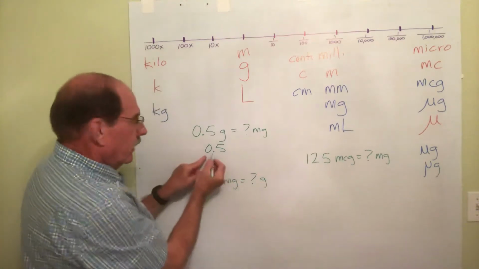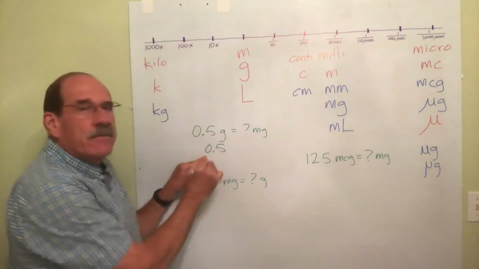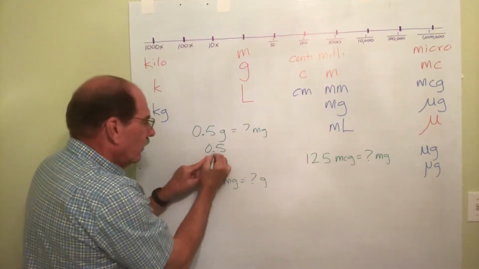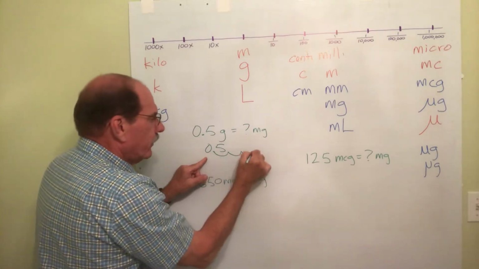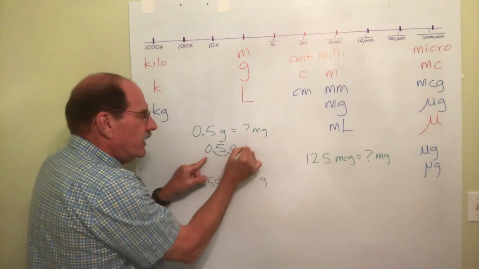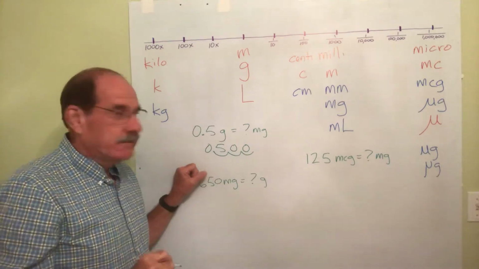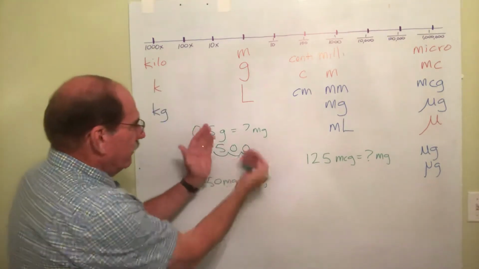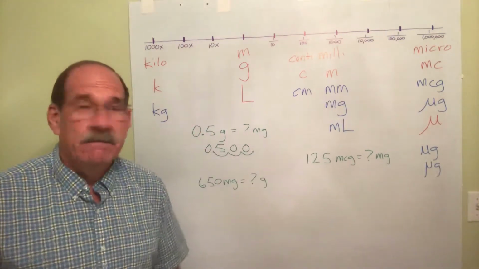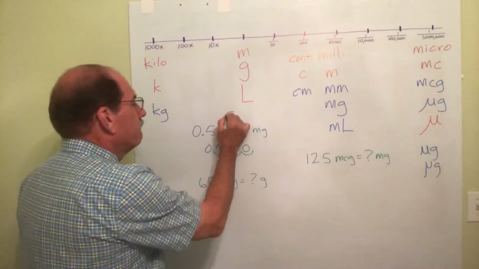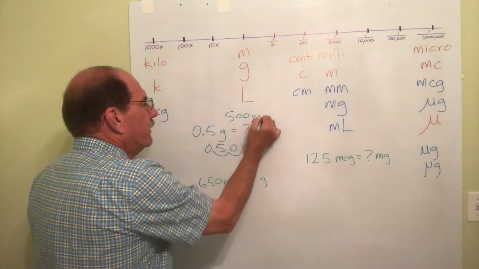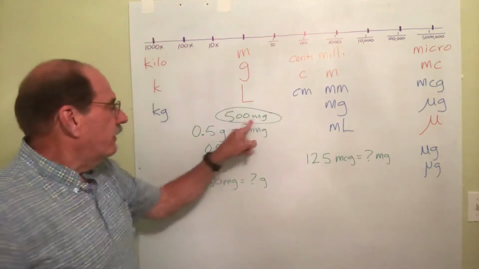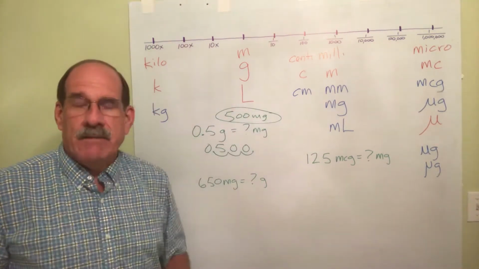So, there's that number. Now I move the dot to the right 1, 2, 3 places. Of course, I have to put in some zeros there to take up the space. The dot ends up right there. Well, what is that number? 500. So what do we have here? 500 milligrams is the very same thing as 0.5 grams.